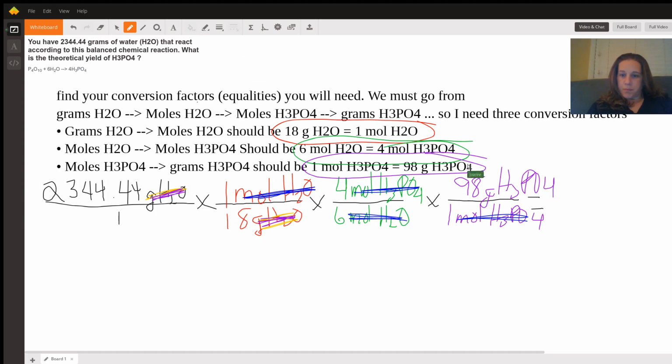Let me make this a little smaller so it fits on the page.